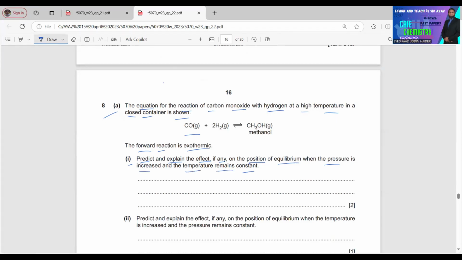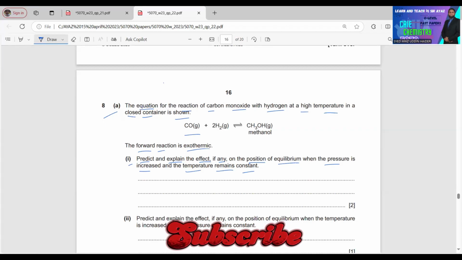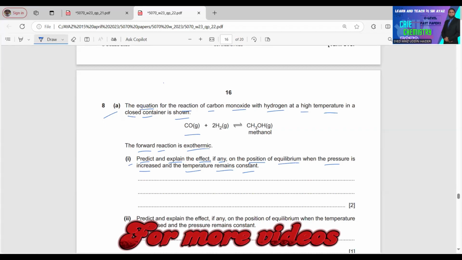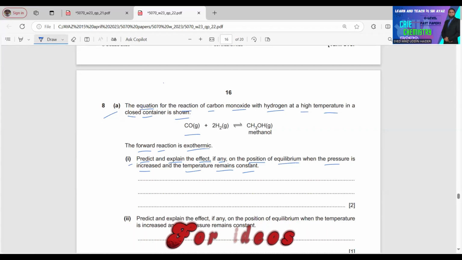temperature remains constant. Now, when you increase the pressure, the direction of the equilibrium will shift to the side where there will be lesser number of moles of gases. Remember the effect of pressure is applicable to gases only.